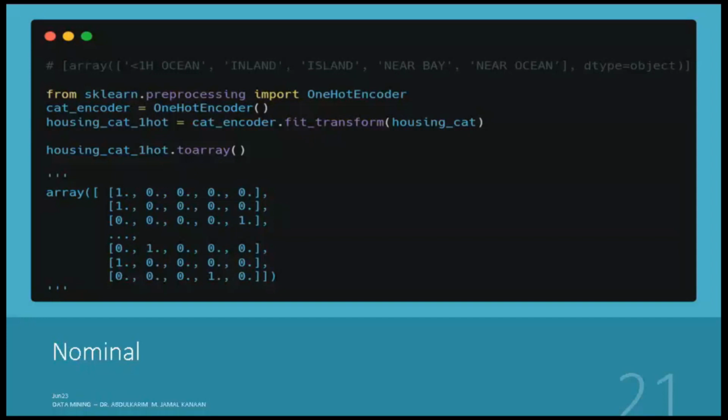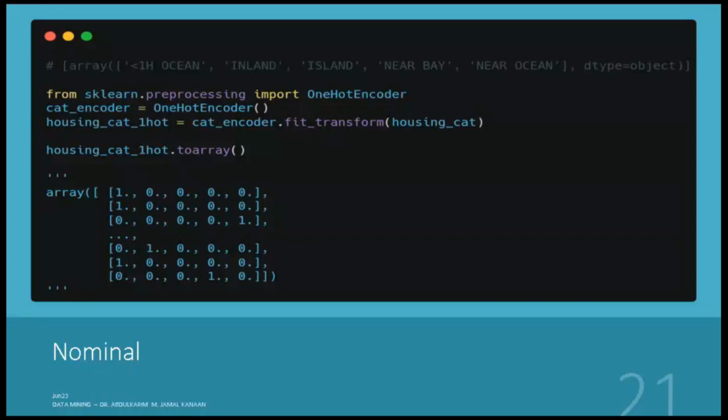Now, let's assume that this variable has no ranking. We asked the expert, and they told us, for example, for house prediction, the ranking of the house doesn't matter. Here, there is no ranking. Just for the sake of argument, maybe you still say, oh, on the island should be more expensive. It doesn't matter. Let's say there is no ranking.